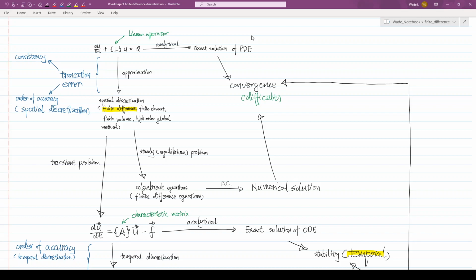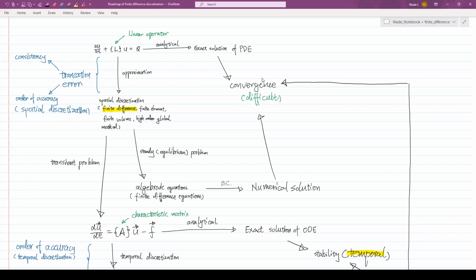Otherwise, we wouldn't take a numerical approach to approximate the governing equation, despite the convergence property being so important in numerical formulations. So there must be a way to circumvent this hurdle.